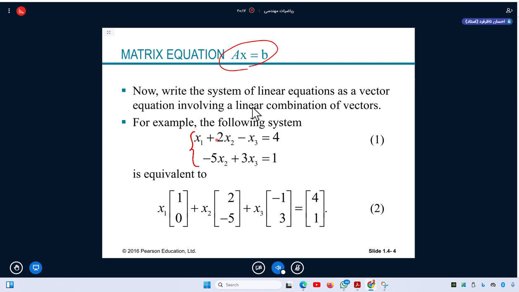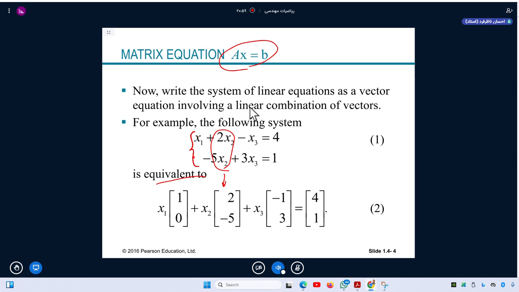The following system, x1 plus 2x2 minus x3 equals 4, minus 5x2 plus 3x3 equals 1. This is equivalent, very important, this is equivalent to this one, x1 through this vector. This is x1 times 1, 0. So x2, 2 minus 5. So just look at these two, and we would write it as this one, x2 times 2, 1.